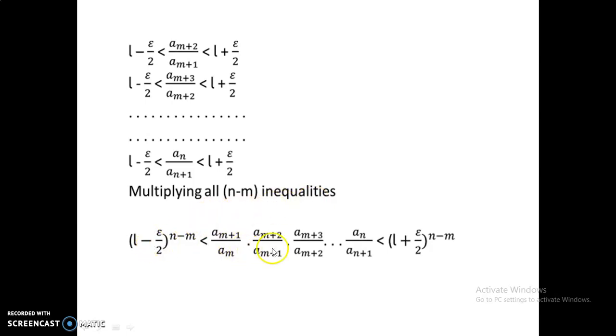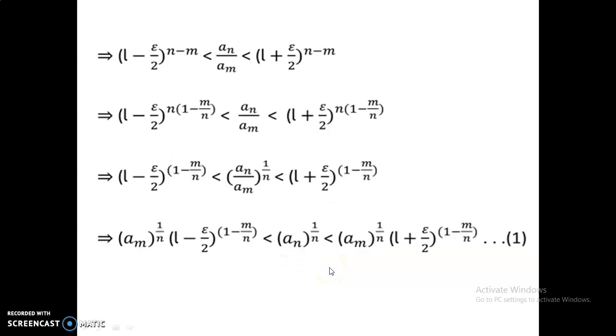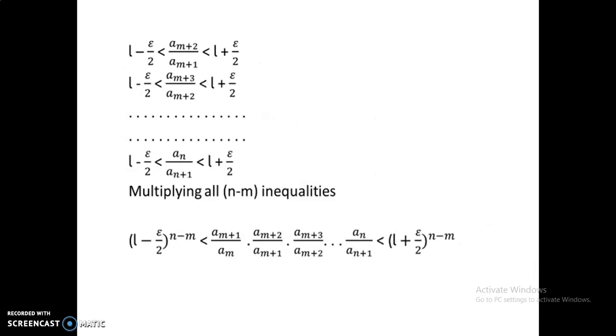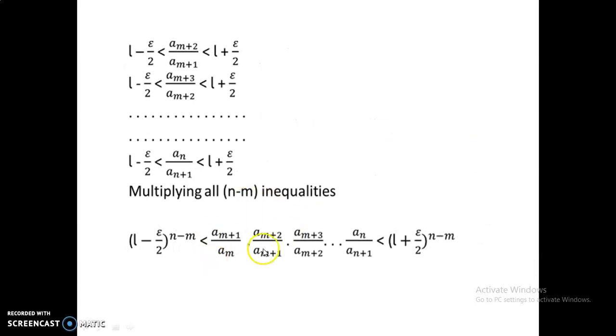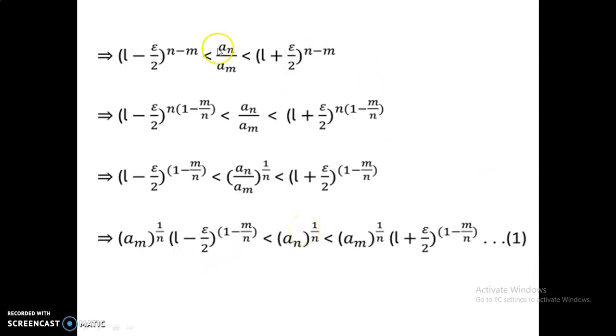Then we get this inequality. Ultimately, taking the exponential and simplifying, everything remains there. Finally we have got this one, and then n we can take outside, so that n gets cancelled on both sides.